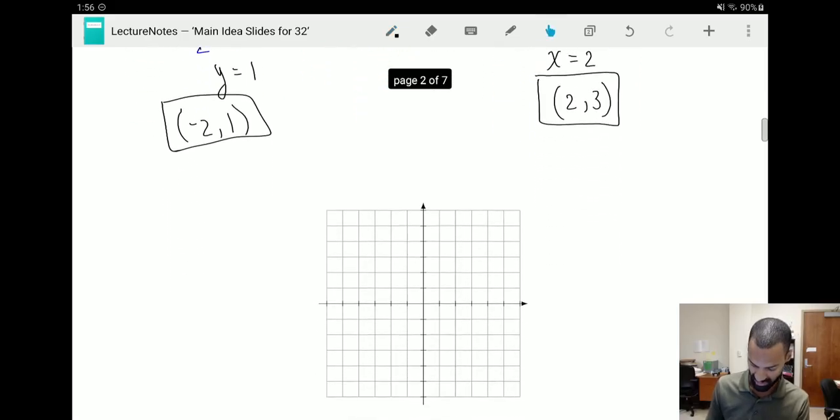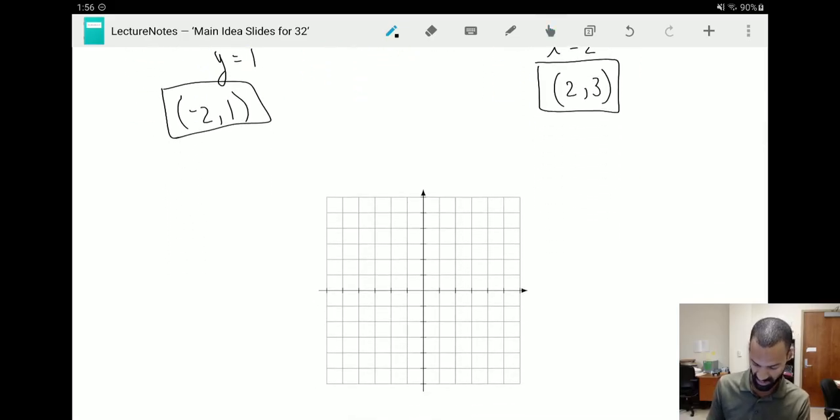Let's go ahead and plot those points. So negative 2 comma 1. Remember in the last section, negative 2 means left 2 and then up 1. And 2 comma 3 means right 2 and up 3. It turns out that when you're dealing with two variable equations, x and y, and there's nothing squared, right? It's x to the first power and y to the first power.